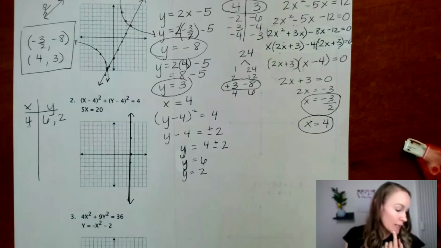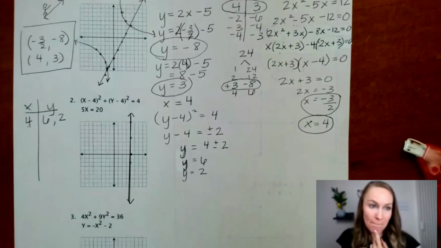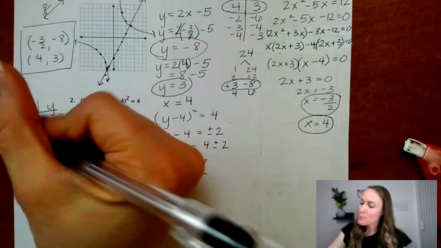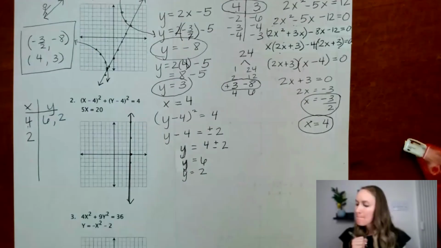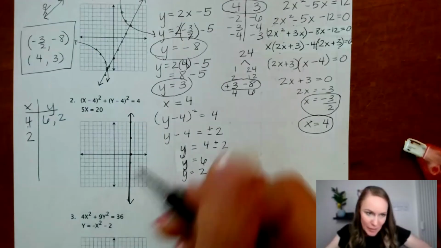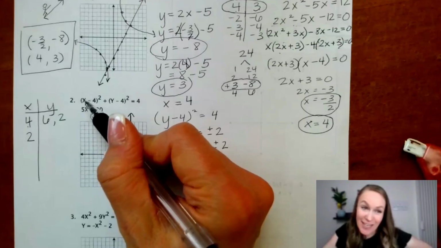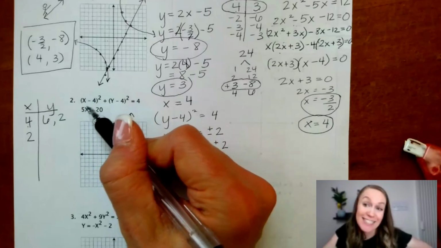So let's pick a different point. Let's pick the point x equal to 2. If I insert 2 into this equation, I get 2 minus 4, which is negative 2.